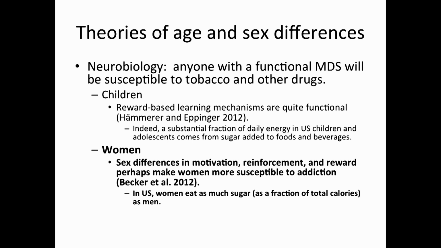And then women, sex differences in motivation, reinforcement, reward, actually are hypothesized to make them more susceptible to addiction. Maybe not use, but to being dependent and developing addiction. But again, we can look at the US, where women are eating as much sugar as men, at least in terms of a fraction of their total body weight, or the fraction of total calories consumed.